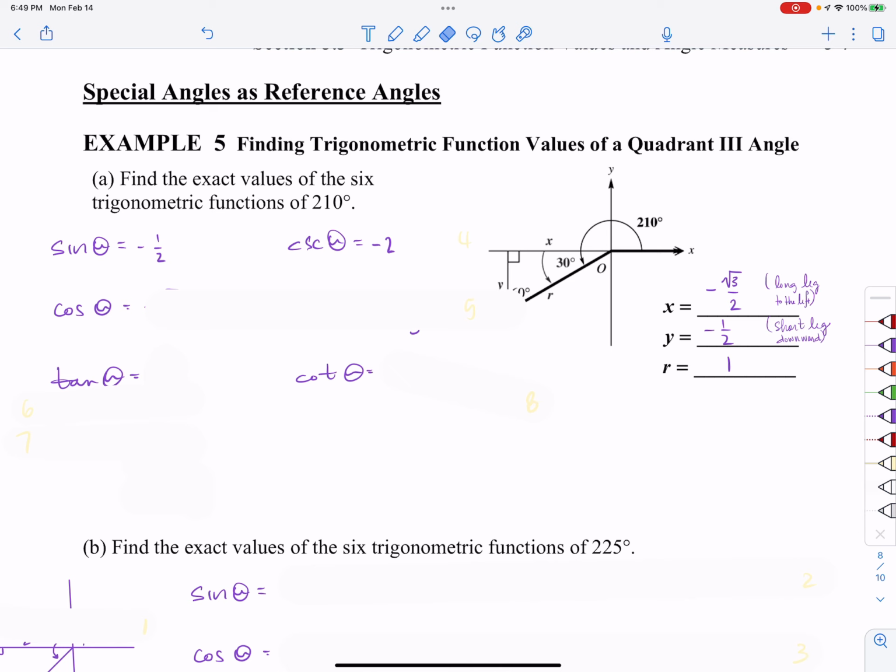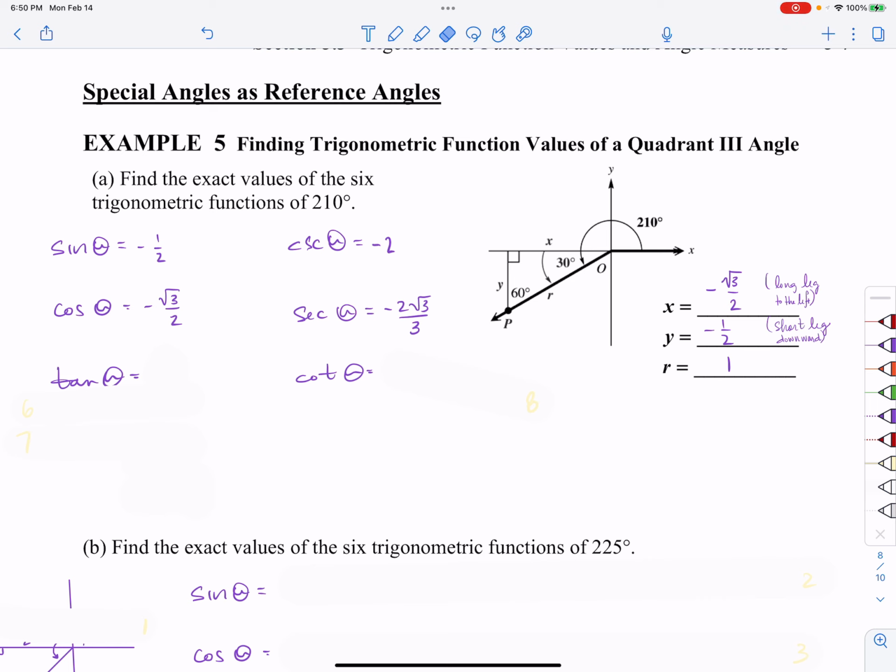My cosine value is going to be x over r, or if you're looking at the picture, my adjacent over my hypotenuse. And so my adjacent over my hypotenuse is going to be -√3 over 2 over 1, but I don't need that over 1 anymore. To get my secant, I'll just get the reciprocal and rationalize the denominator. I did not show the work on rationalizing the denominator there.